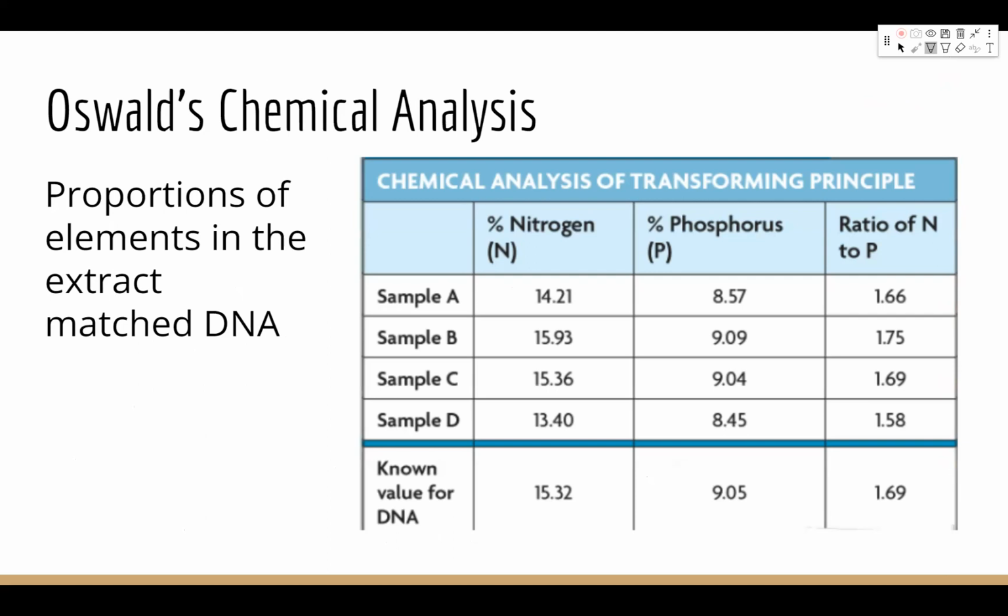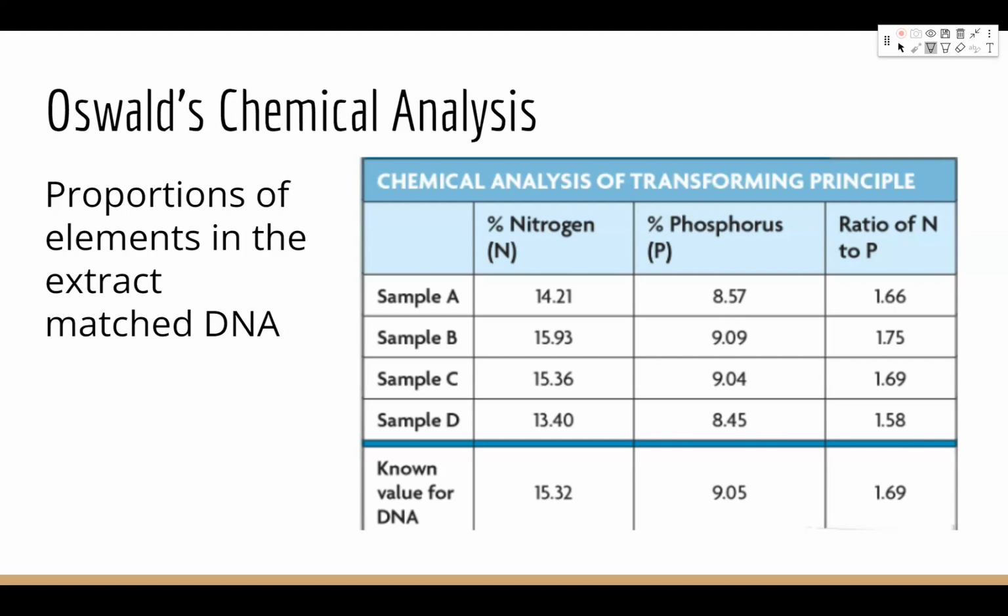The first test is a chemical analysis. They took that transforming principle, and they wanted to know the percent of nitrogen and the percent of phosphorus in the transforming principle. And these proportions matched DNA's exactly.